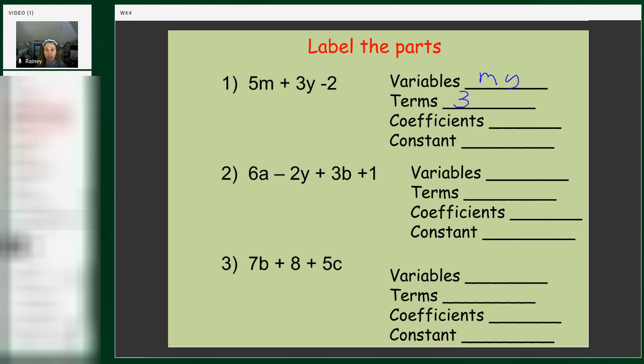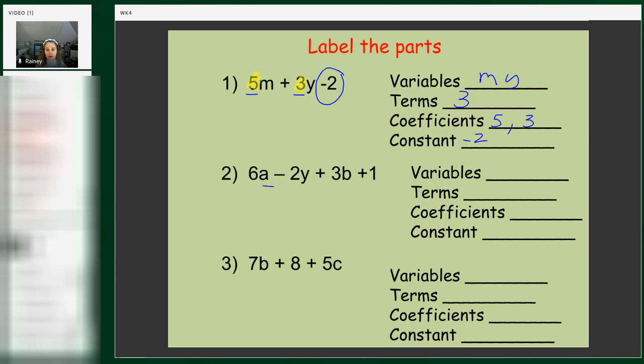Tell me the coefficients. It's the number in front of the letter. You can look at your worksheet. We've got a 5 and we've got a 3. Lastly, the constant, -2. Don't forget to catch that sign.